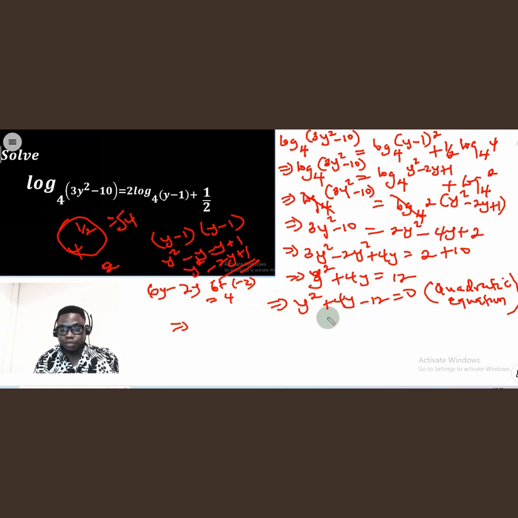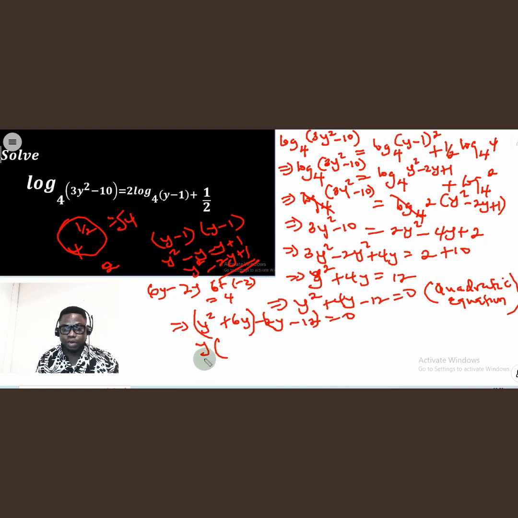I'll replace the middle term with these two numbers, and I'm going to have y squared plus 6y minus 2y minus 12 is equal to 0. In this case, I'm going to factorize. I'll put brackets here, and brackets here. I will look for the common factor between y squared and 6y. The common factor here is y.